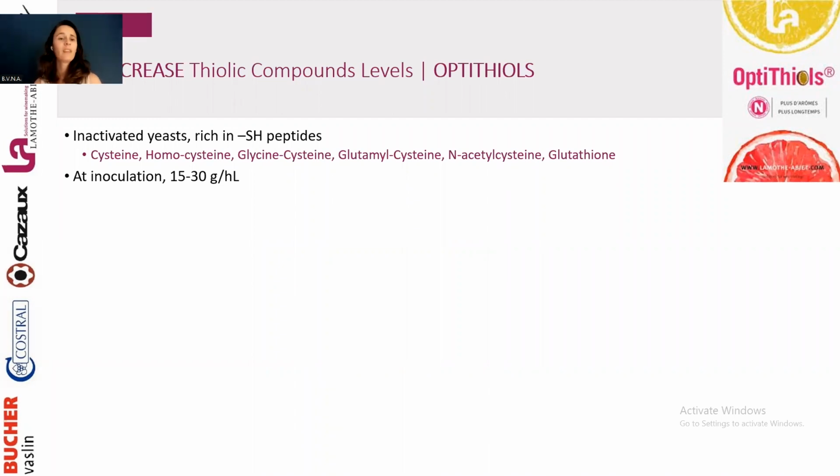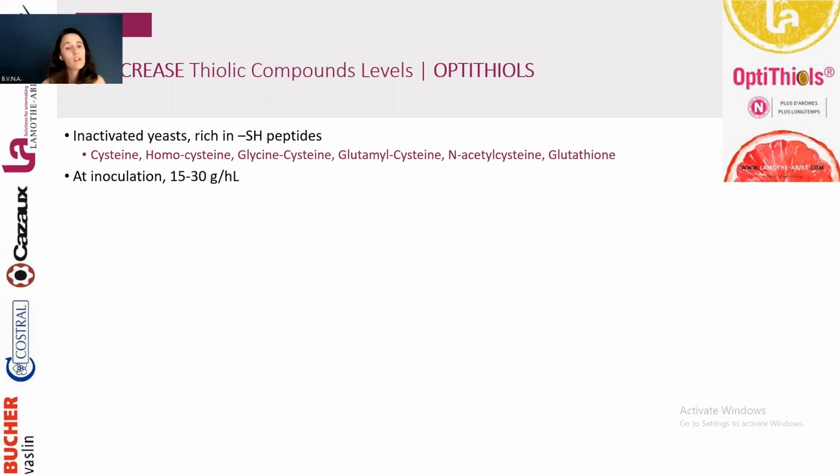Our Optithiol is a nutrient that is extremely rich in cysteine derivatives, peptides. So we are giving the yeast a lot of cysteine, precursors of 3MH and 4MMP. This way, we are increasing the potential of our juice and so our wine.